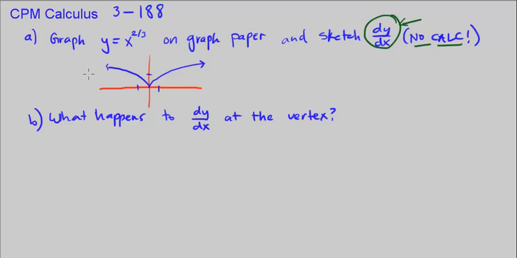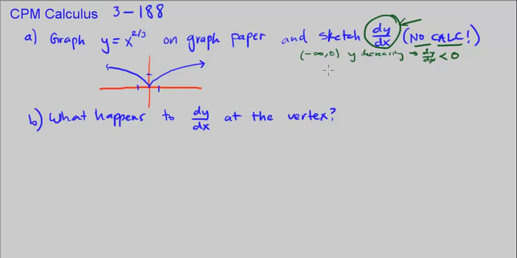Okay, so from -infinity to 0, we are decreasing, right? We're going down. So that means our function y is decreasing, which means dy dx is going to be negative.